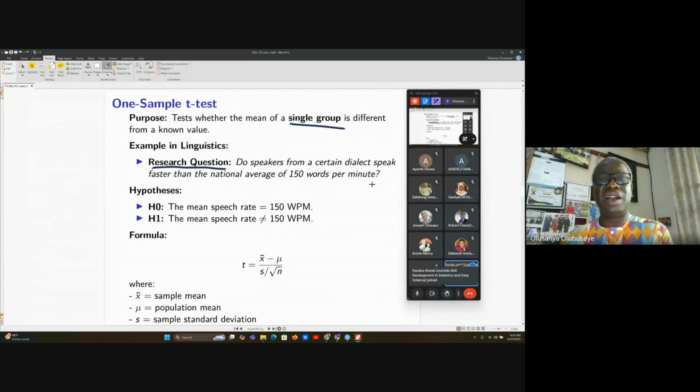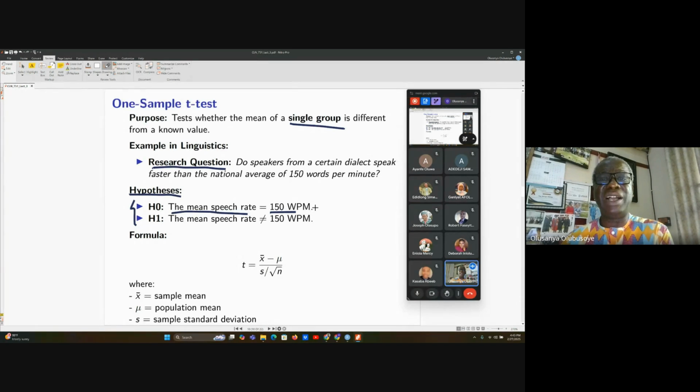So we can now state our hypothesis. This is the starting point, the hypothesis formulation. H naught is that the mean speech rate is 150 words per minute.